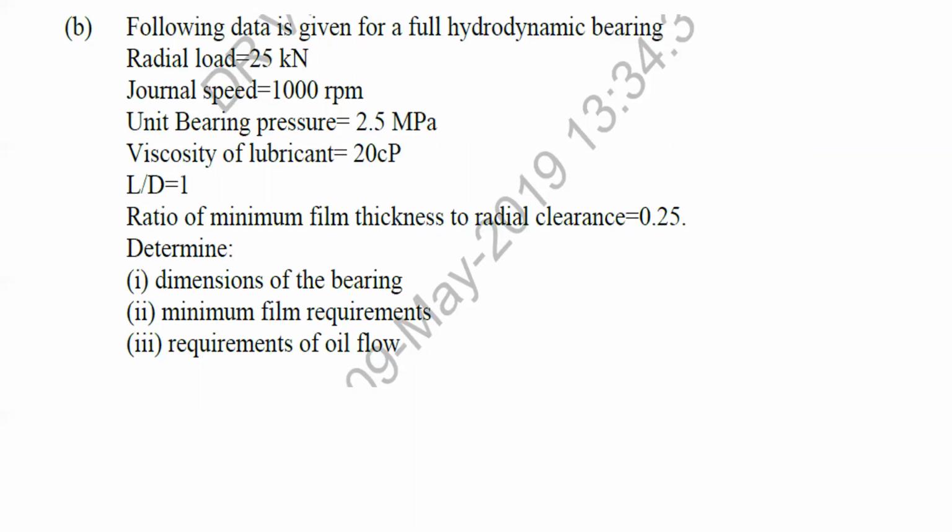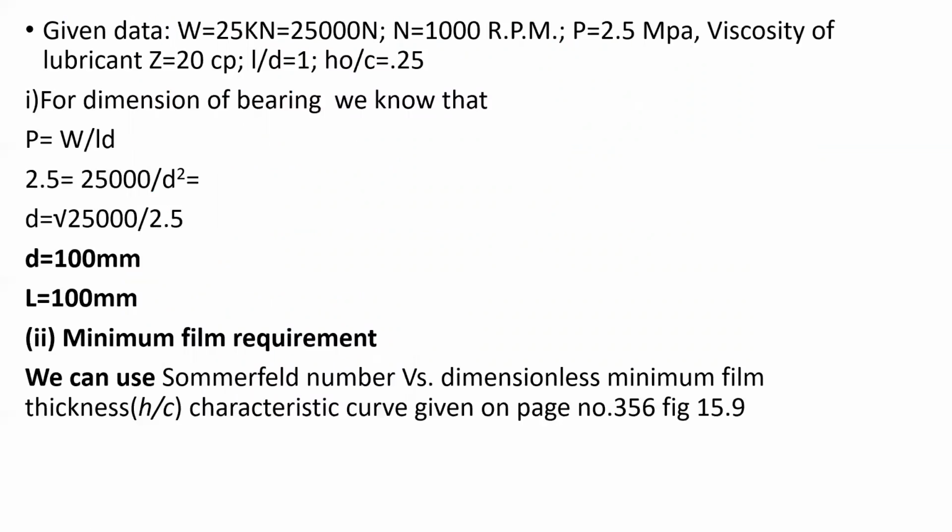The interesting thing here is that the minimum film thickness to radial clearance, that means the dimensionless minimum film thickness, is given as 0.25. Okay, so to proceed with this design problem, first we will write down the given data. Radial load is given as 25 kilonewton, that is 25,000 newton.